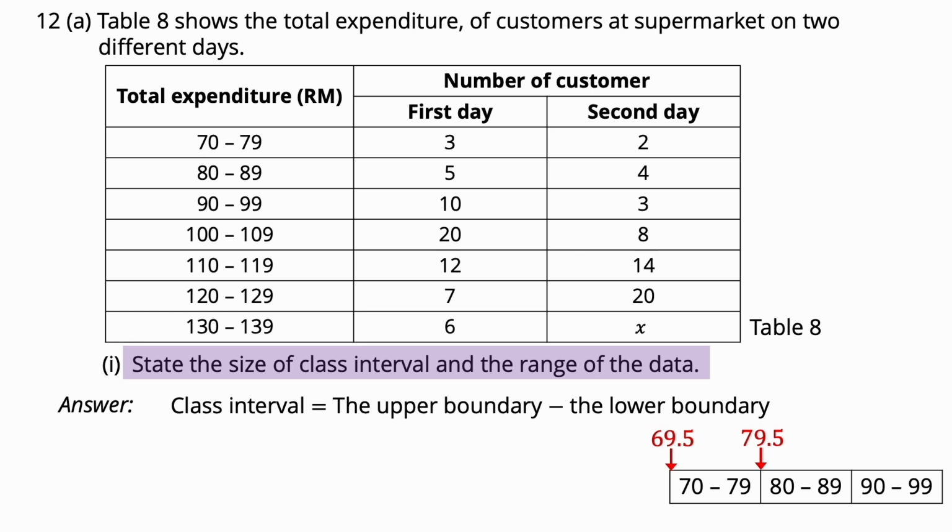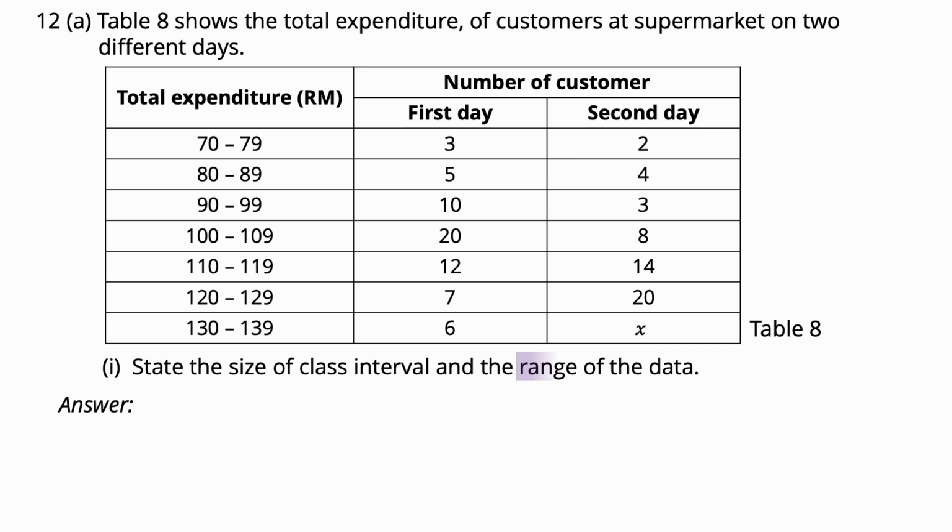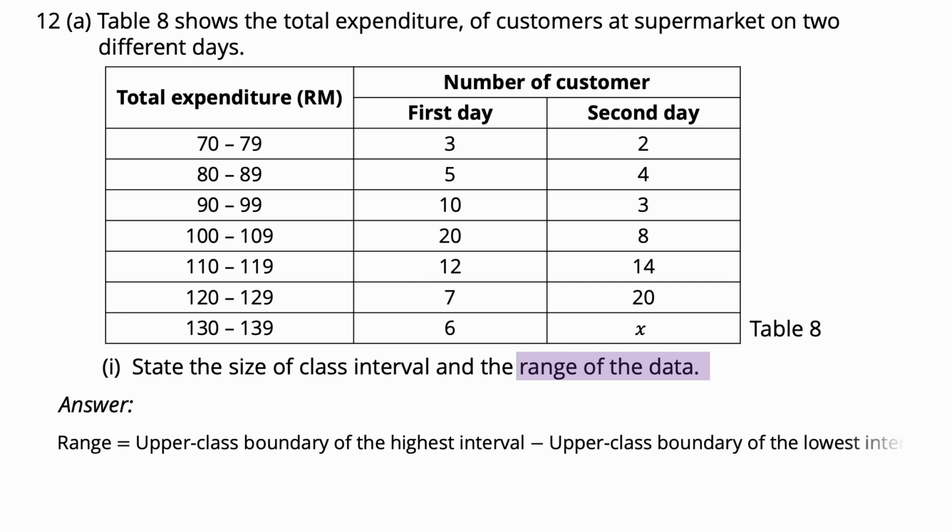Class interval equals 79.5 minus 69.5 equals 10. The size of class interval is 10. State the range of the data. Range is calculated as the difference between upper class boundary of the highest interval and upper class boundary of the lowest interval.